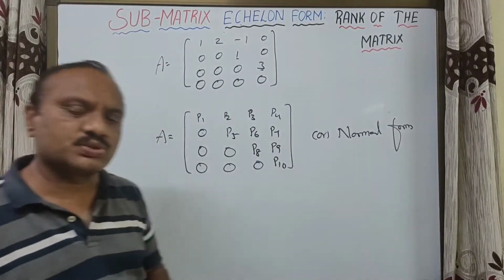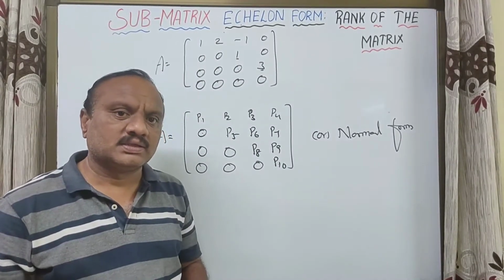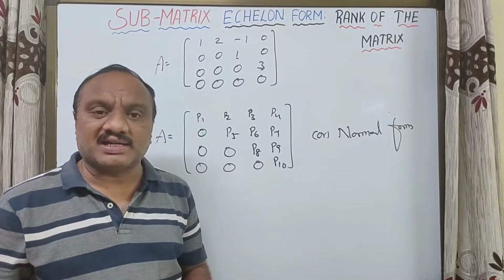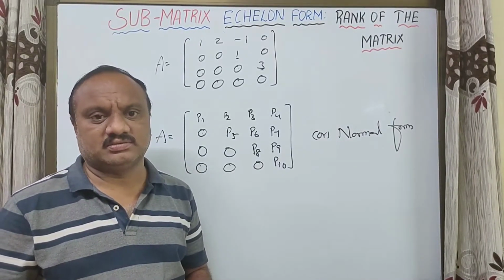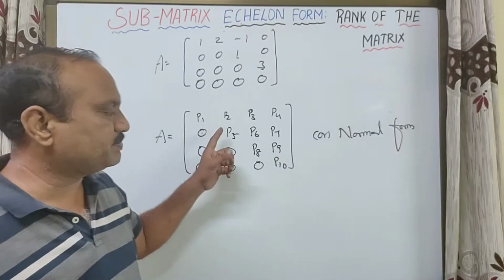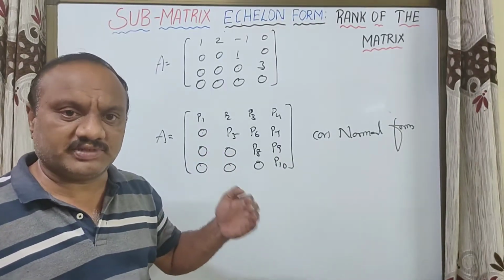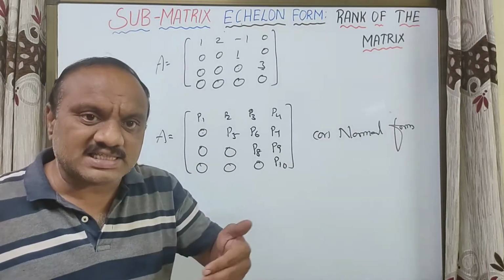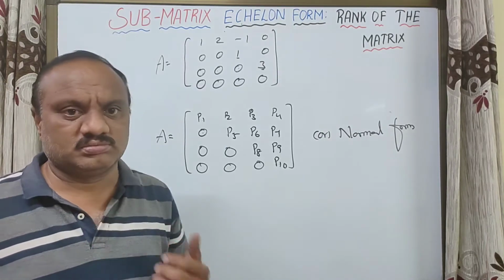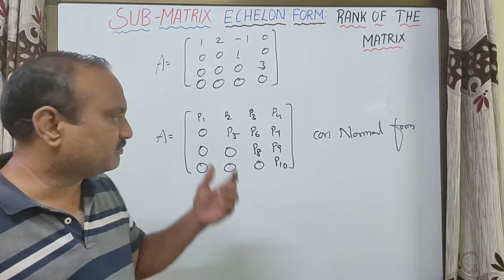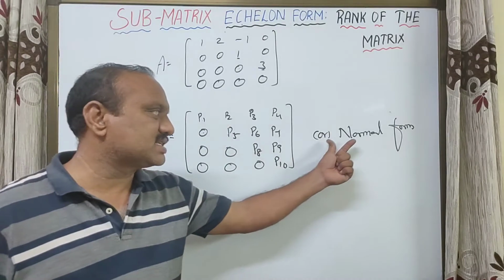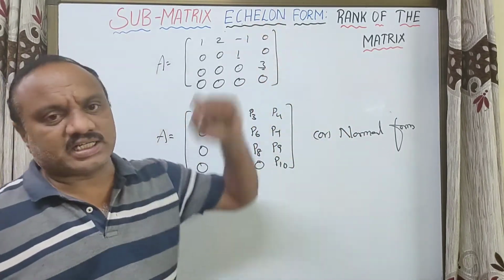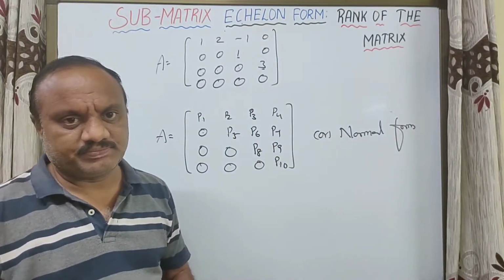That means, my dear students, if a matrix has the number of zeros before the first significant figure increasing from row to row, then that matrix is known as normal form or echelon form of the matrix.